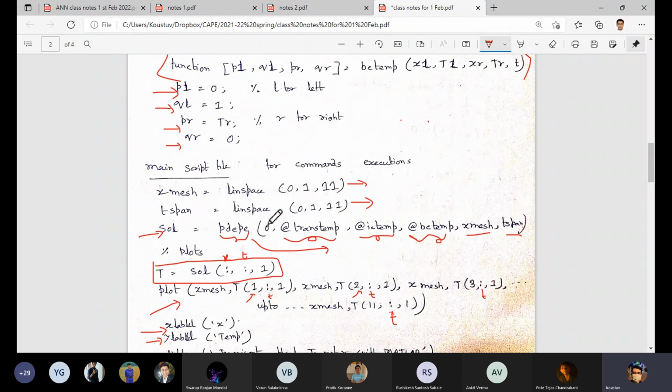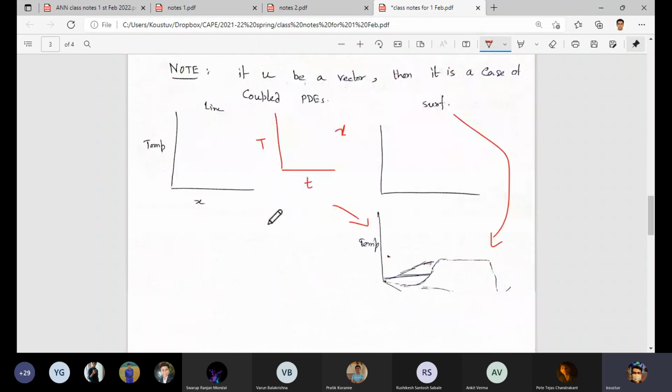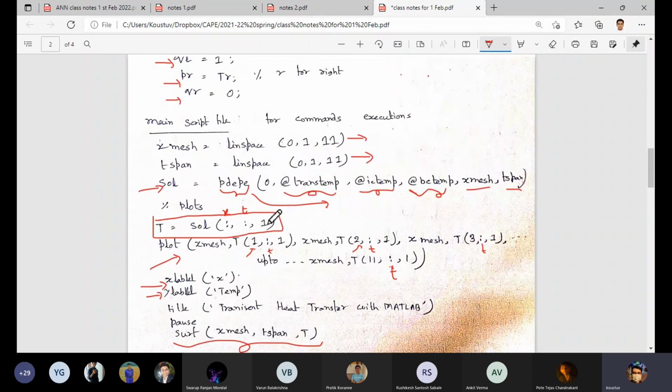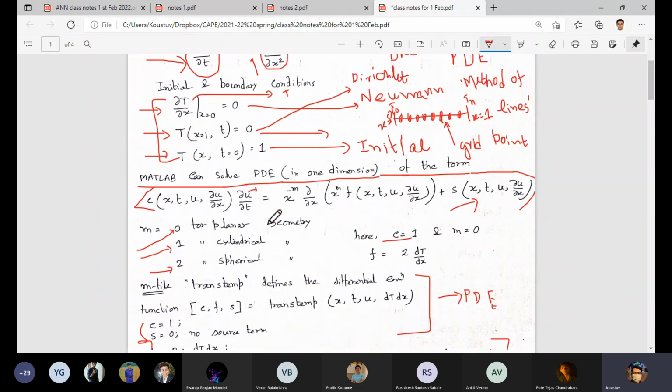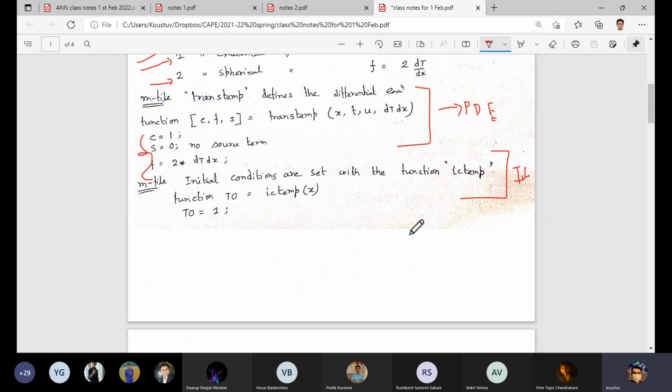This is the general way of solving this kind of PDE in MATLAB, which I wanted to cover as a part of this model development and model solutions. This was the last in this series, and next we will be going to a different topic.